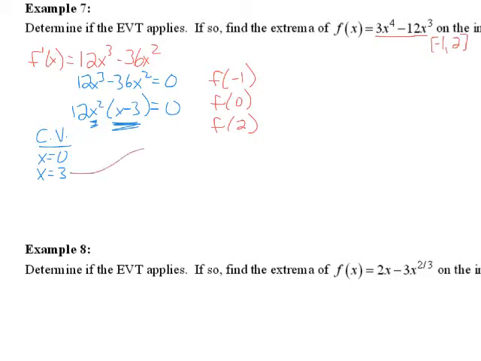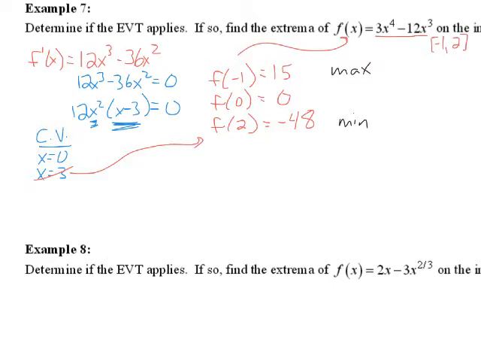And we would include f of 3, but 3 is outside the interval, so we're just going to ignore it for this problem. We can evaluate these very simply by plugging -1, 0, and 2 into the original function, and we find that f of -1 is 15, f of 0 is 0, and f of 2 is -48. And we can see this is our minimum and this is our max.